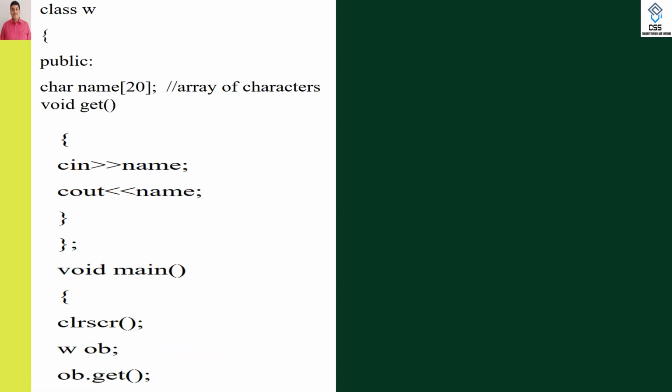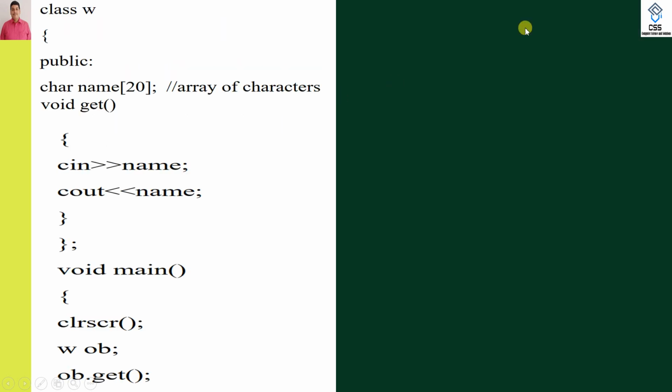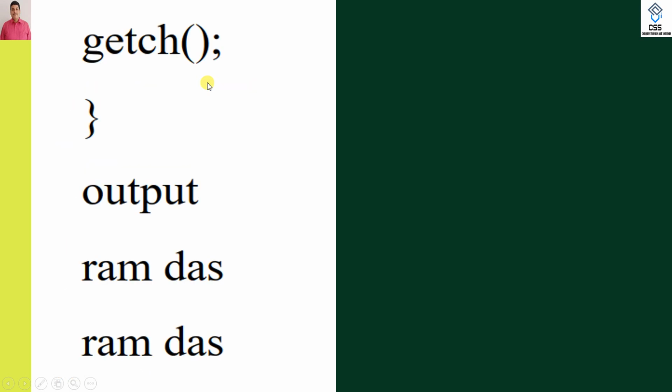Means overall conclusion is, if a member of the class is declared as an array, that is known as your array within the class. That was the concept of how array is declared within the class, and if no access specifier is specified, it is private. If you want to specify any access specifier, here it is specified as a public type.